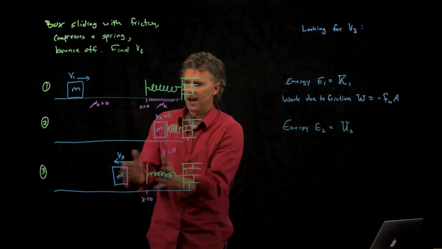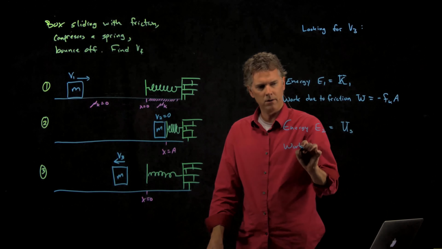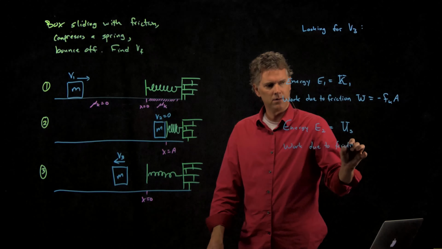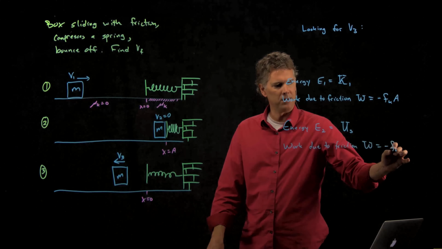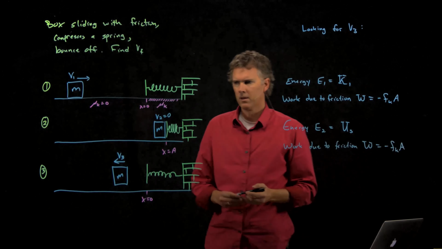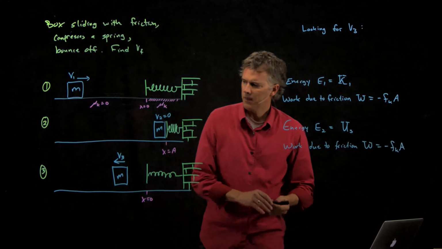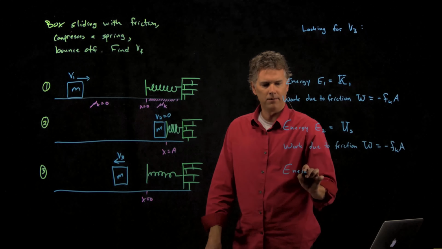And then it's going to slide back out. And so in between these two, we're going to do work due to friction. And again, it's going to go across the same distance A. And so it's just minus Fk times A. And then it's going to shoot off, and so it's going to all go back to kinetic energy.